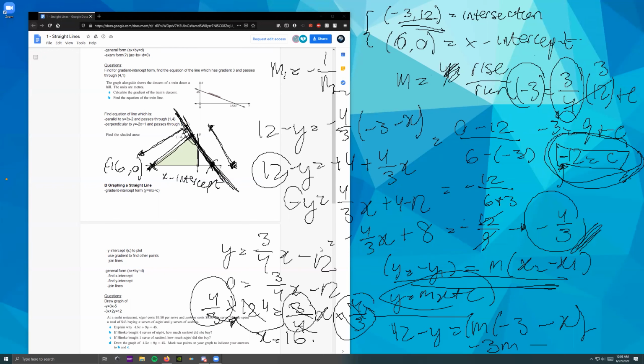No, I think my issue is this part, because if I'm trying to look for the y-intercept of this, it's supposed to be positive, not negative. The numbers might be correct, but it should be positive.